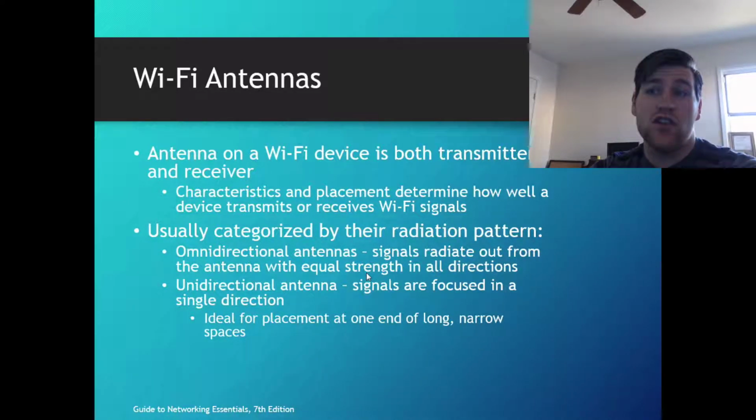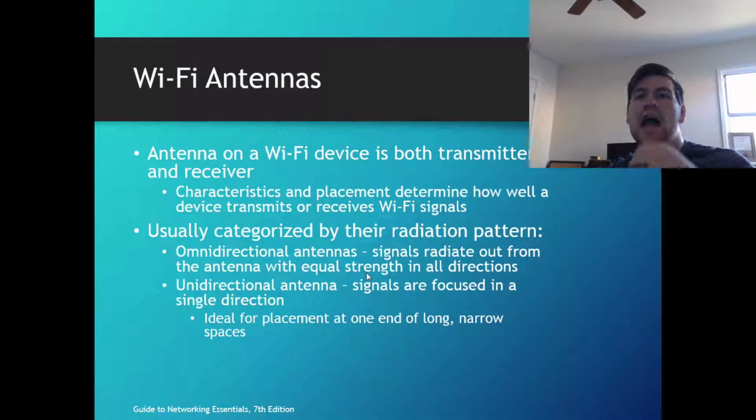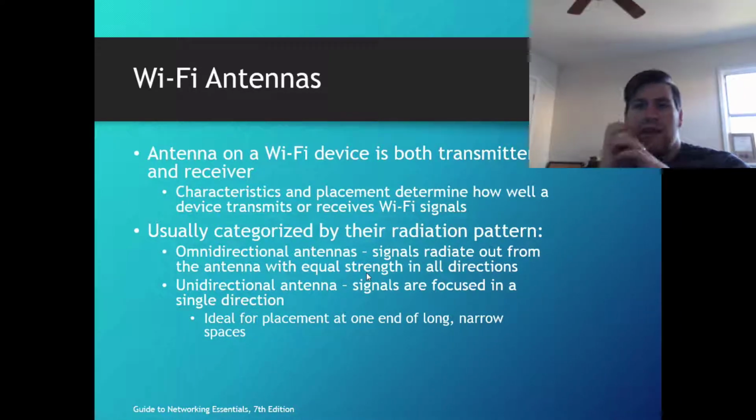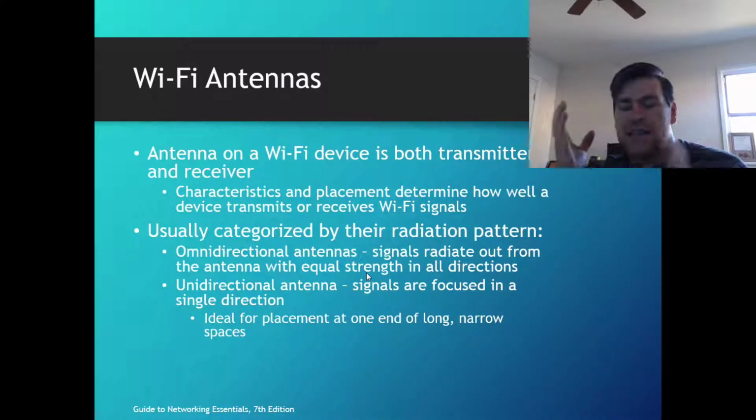So characteristics and placement determine how well a device transmits and receives wireless signal. What this is referring to is the characteristics of the actual antenna. How long is the antenna? I wish I had one to show you, but I don't. Is it in some kind of metal tube to make it shoot the signal in one direction, or focused in one direction?